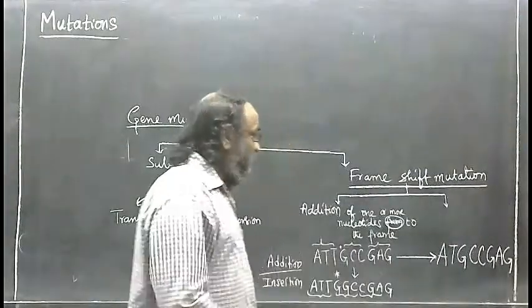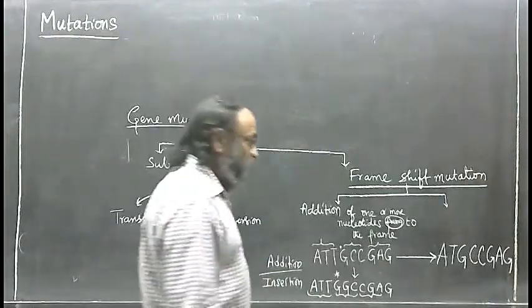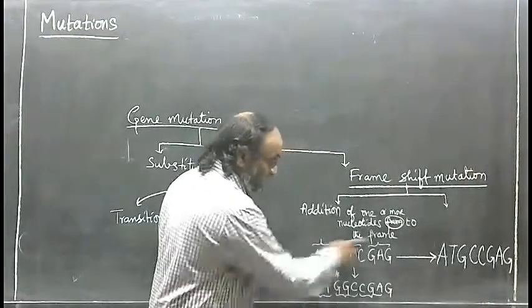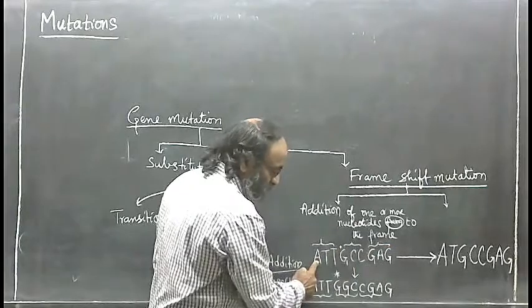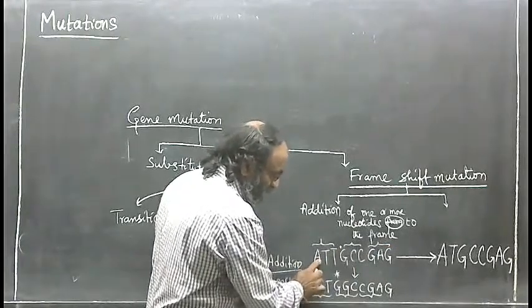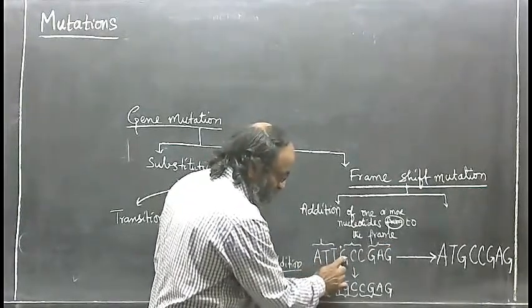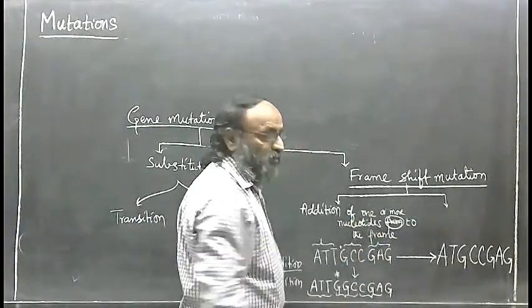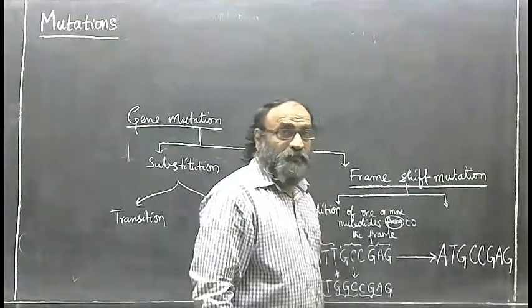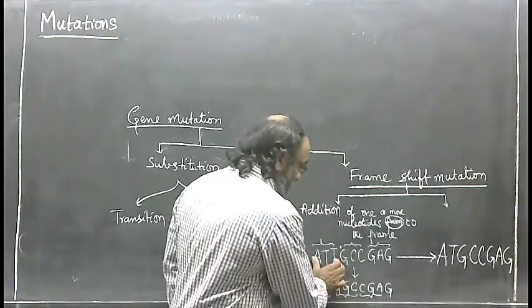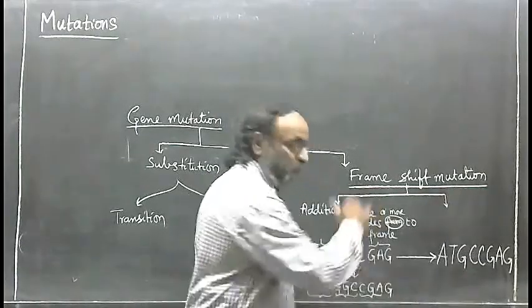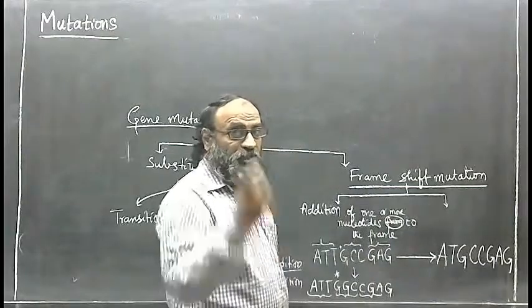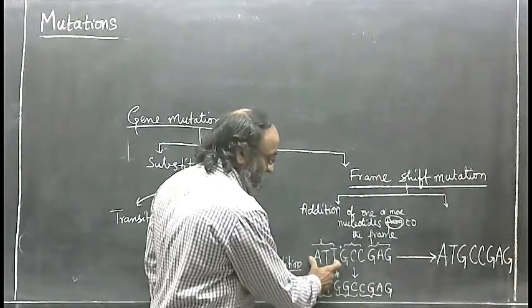When you examine this, before mutation, this frame has 1, 2, 3, 4, 5, 6, 7, 8, 9 nucleotides or 3 codons. 3 nucleotides constitute 1 codon.